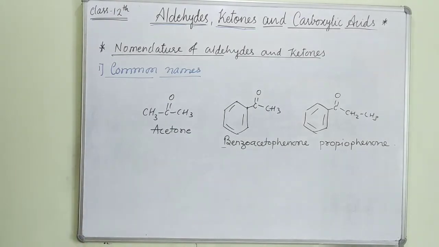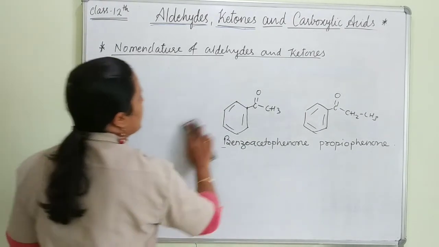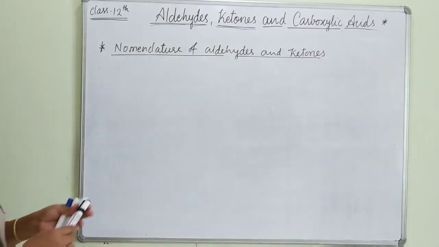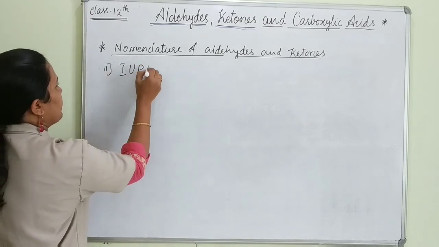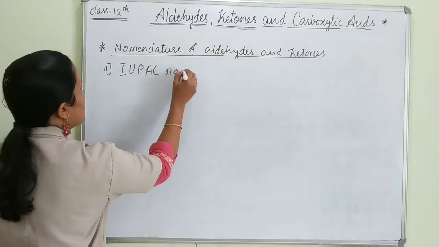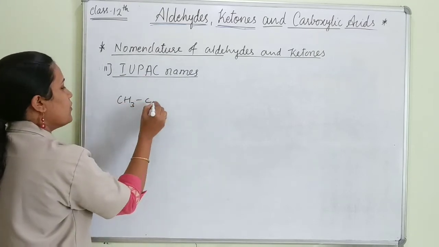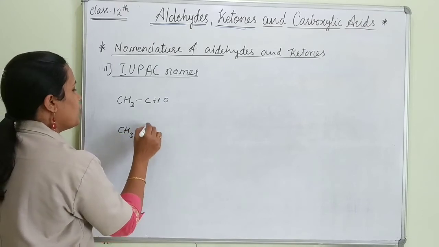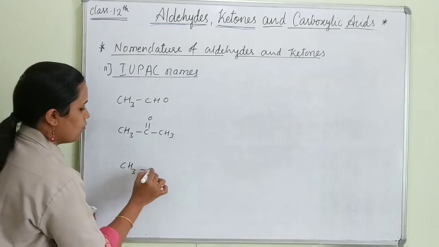Now after the common names, let's write down the IUPAC names of aldehydes and ketones. We are very familiar with this concept because we have studied this in class 10th also. So here I am writing the IUPAC names of a few compounds.